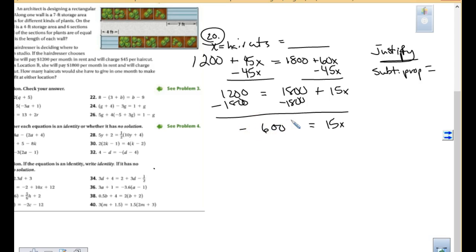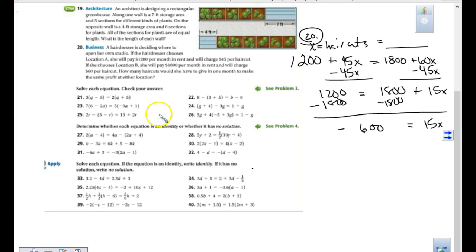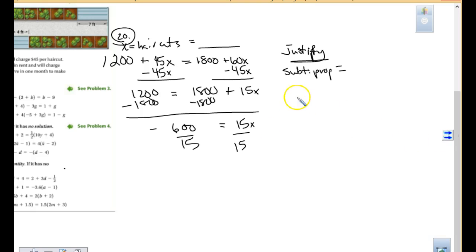And we're looking at this one, and we then are thinking, oh, so as we look at question 20, it says, how many haircuts will she have given 1 month to make the same profit at each location? Okay? And you divide both sides by 15, you're thinking, oh yeah, division property of equality. And then what? So this again was the subtraction property of equality. And then we had our division property.